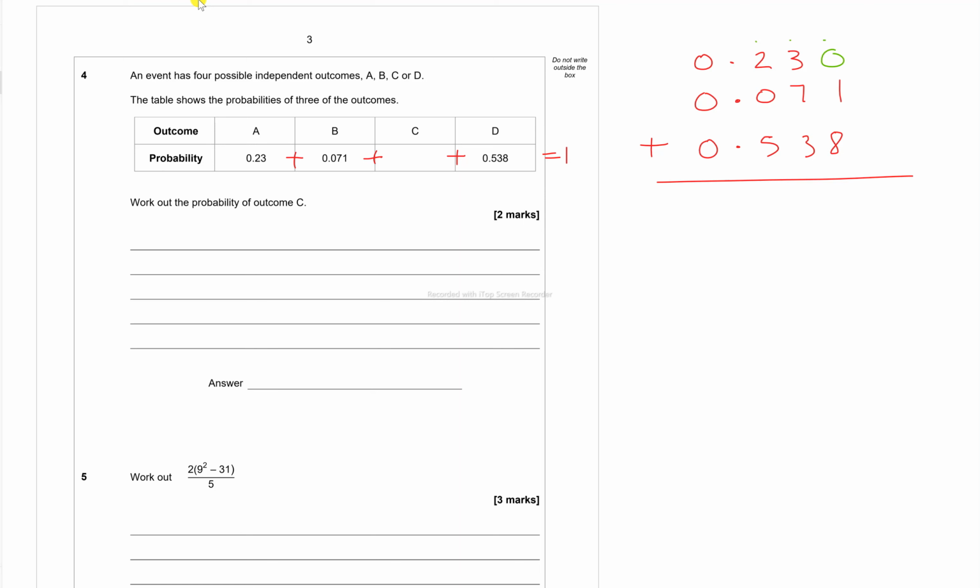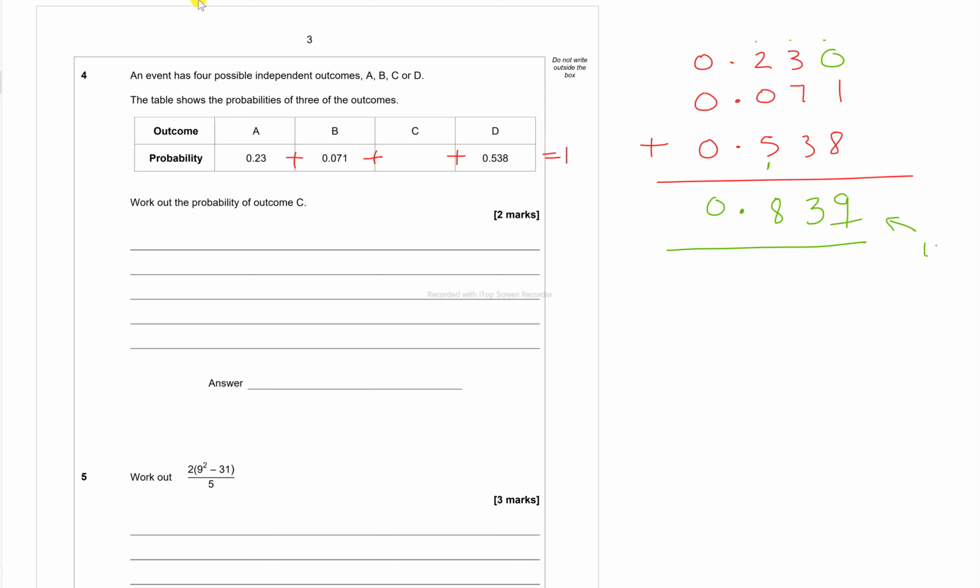1, 2, 3. 0 plus 1 plus 8 is 9. 10, 3, 13. Put the 3 there, carry the 1 to the next column. 2, 7, 8. Decimal point 0. So this is what I've got so far. And I like to look at this in case I get stuck.